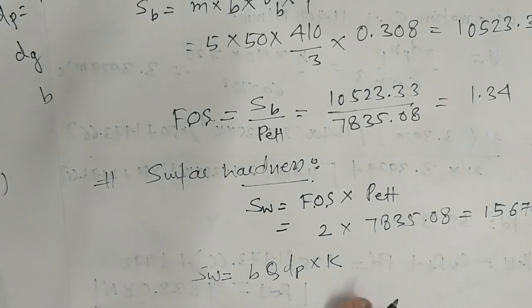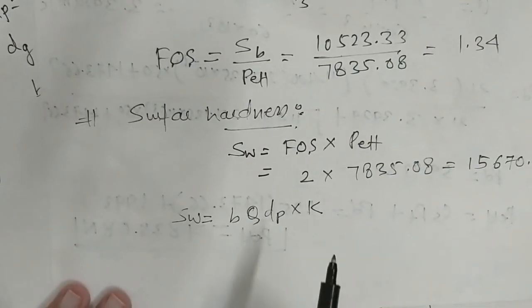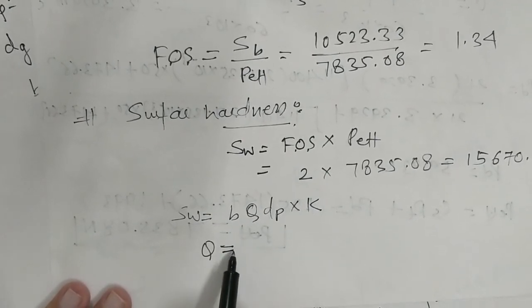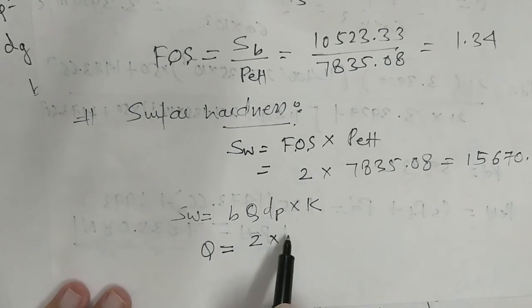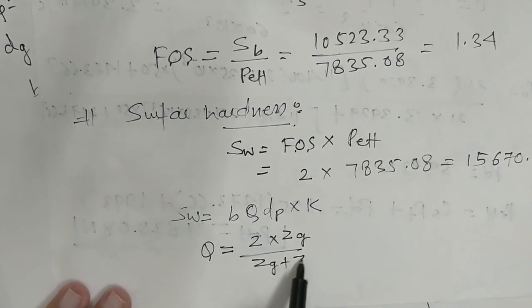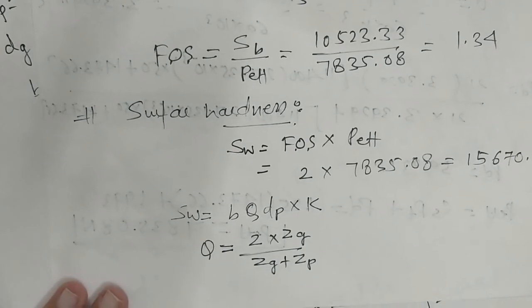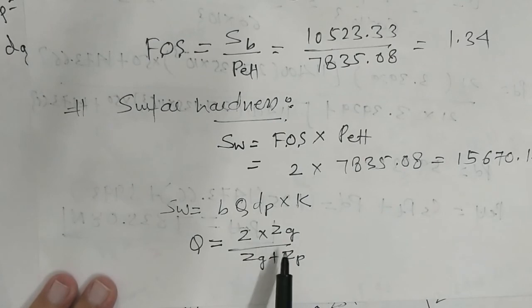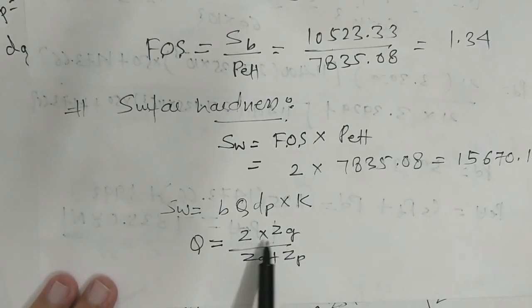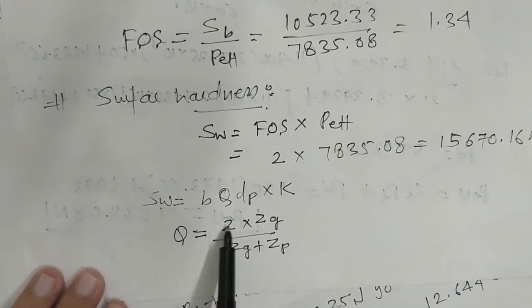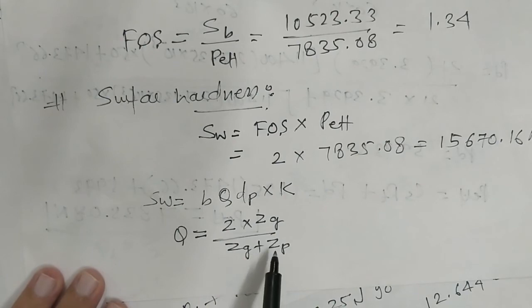So ratio factor, you just go through the lecture once again. If we are talking about the external gear, then this is 2 times Zg over Zg plus Zp. If we are talking about the internal gears, then the ratio factor would be 2 Zg over Zg minus Zp.